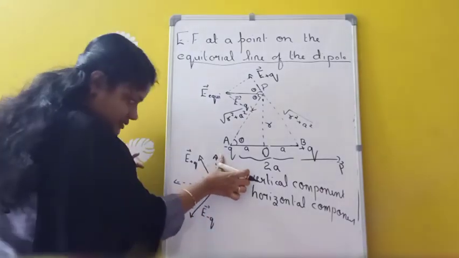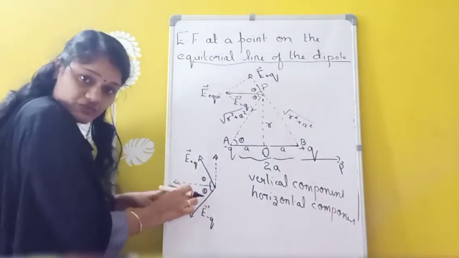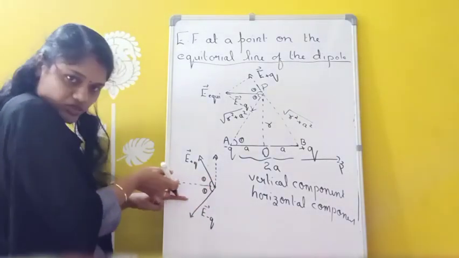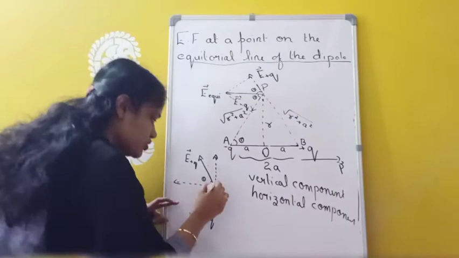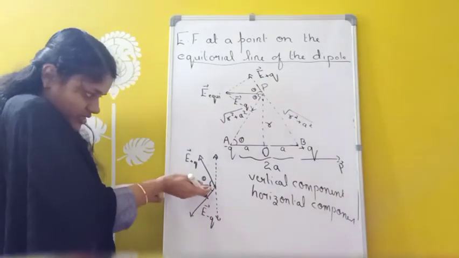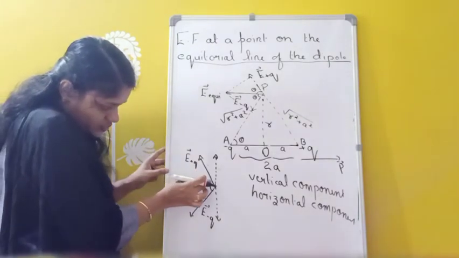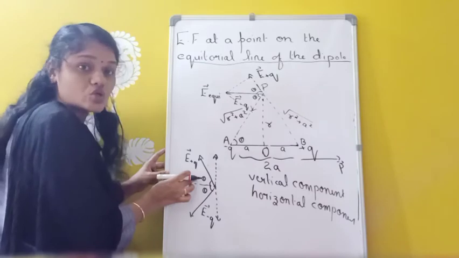Vertical component. Similarly, what am I doing? Vector E minus Q we can resolve into two components. One is the horizontal component, the other one is the vertical component. So this is the vertical component, and this horizontal component is acting in the same line itself. The component near to this angle theta can be taken as the cos component.